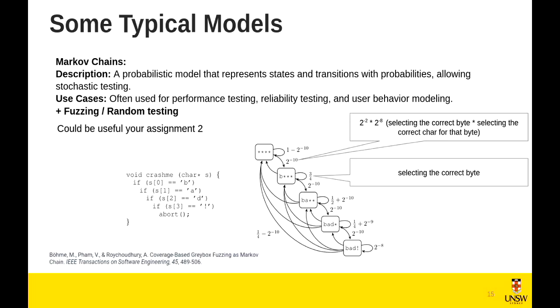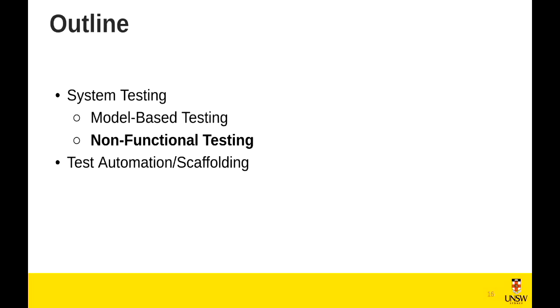Actually, this figure is from one very famous paper in this field, and we just identified an error in this paper just now. Yeah, this should be 3 over 4 minus the chance of getting A correct. So that's Markov chain.